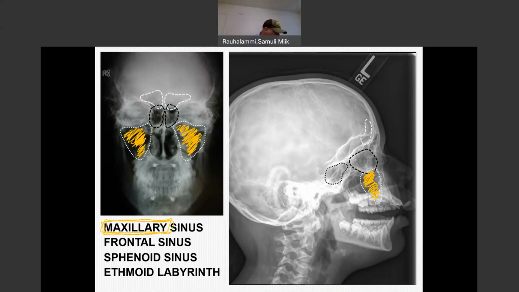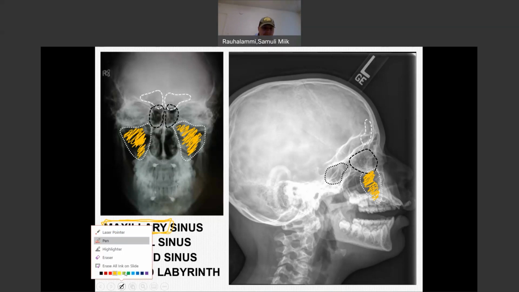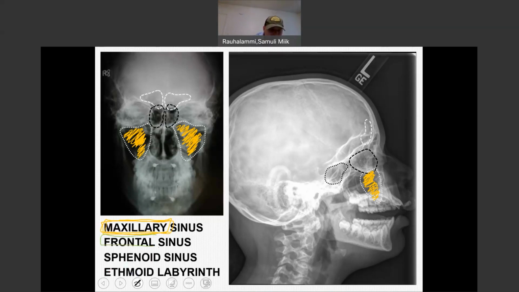Let's have a look at our frontal sinuses. So frontal sinuses, of course, within the frontal bone on both sides, above where the eye sockets are, empty spaces there.